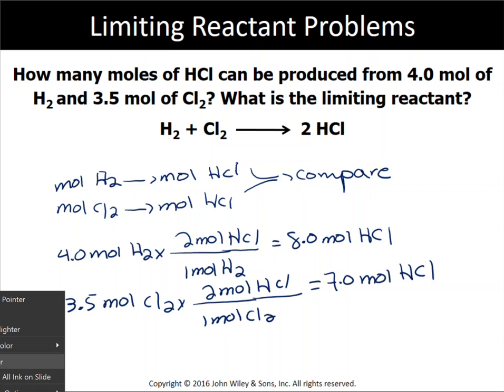Now, based on these calculations, I know that hydrogen and chlorine are not in a stoichiometric ratio because they don't give me the same amount of hydrochloric acid.